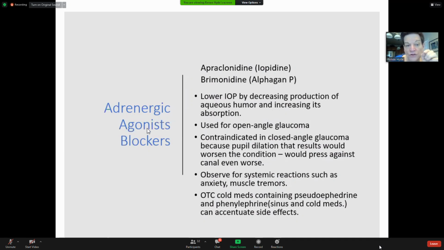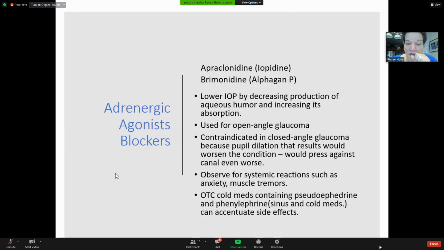With adrenergic agonists, these patients have to be extremely careful about any of the over-the-counter medications that they take, like cold medicines that contain pseudoephedrine or phenylephrine, which is most of the sinus and cold medicines out there. All of those will have in tiny little 4-point type, do not take if you have glaucoma.